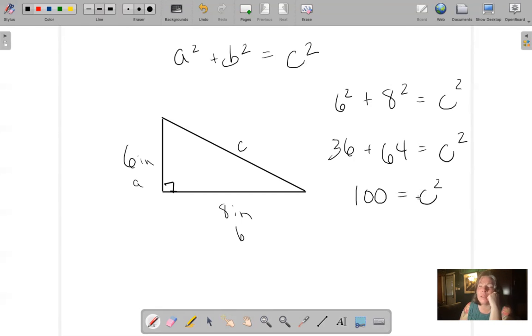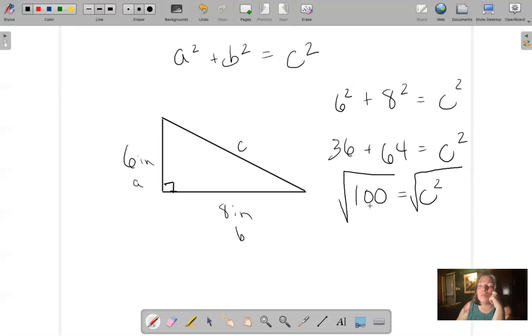All right, we're closer, but I don't want C squared. I want C. So how do I find C? Well, I can find the square root, because the square root of C squared is going to be C. But if I find the square root of this side, I have to find the square root of this side.